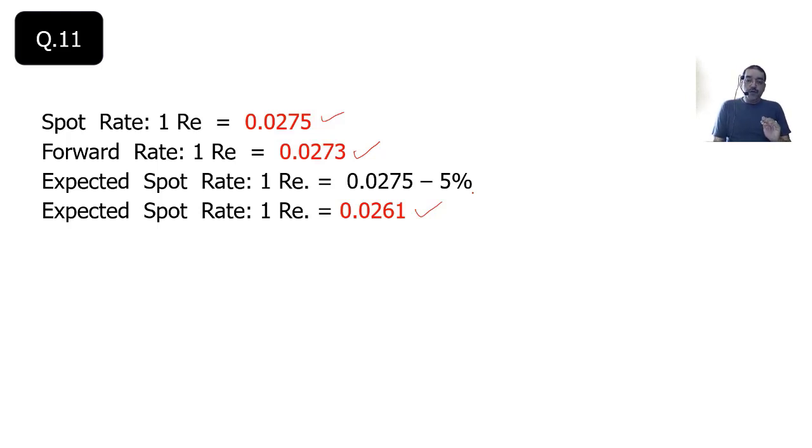So now what we are going to do, if forward cover is not taken, that means if hedging is not done, what would be the amount that is going to be payable? And if hedging is done, what would be the amount that is going to be payable? Both we will calculate, and then we'll find out whether hedging is useful or not useful. Okay?